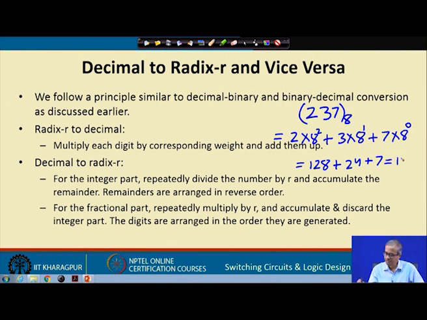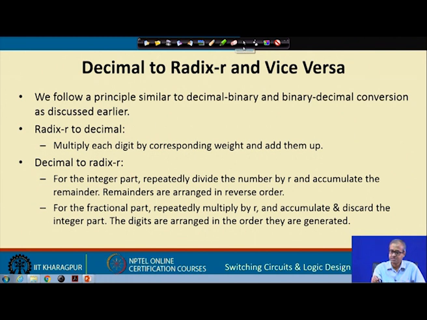So, it comes to 159. This will be the equivalent decimal number, right. So, radix r to decimal will follow this principle, multiply each digit by the weight, add them up.